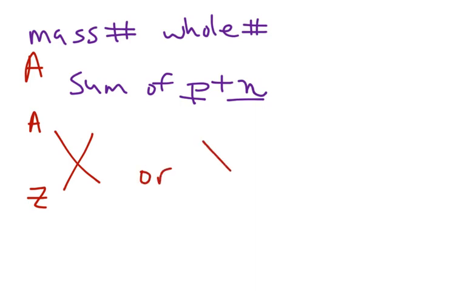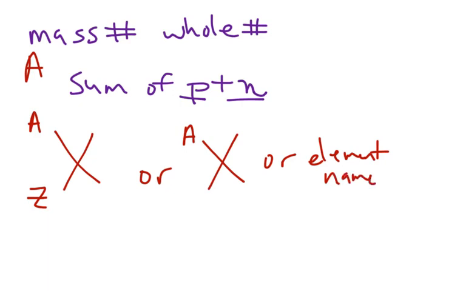Another way is to have just the element symbol and put the mass number in the upper left hand corner without putting anything in the bottom left hand corner. And the third way to do it is write the element's name and then write a dash and then whatever the mass number is.